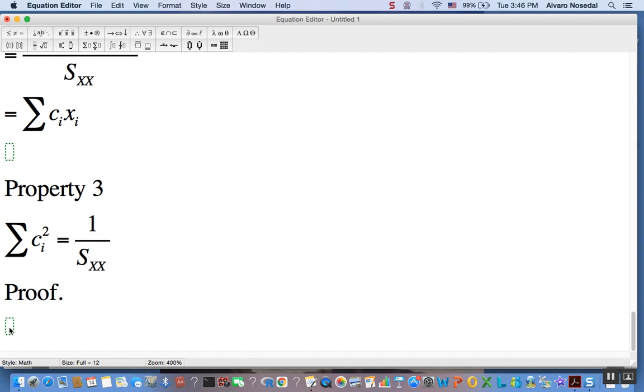Well, we're going to start in a very similar fashion to what we have been doing. We start from the left hand side and just start expanding and so on.